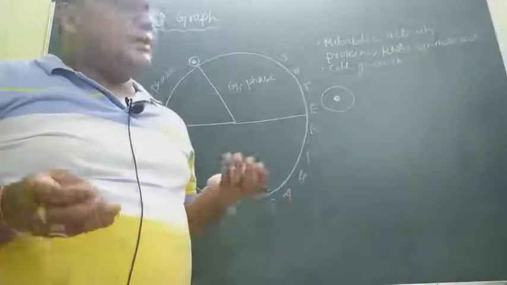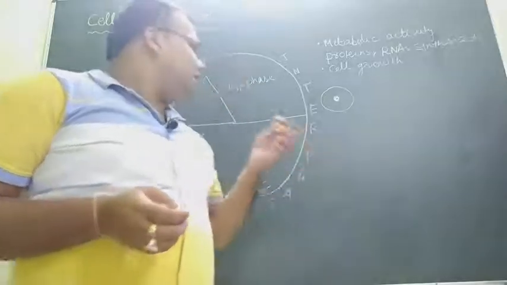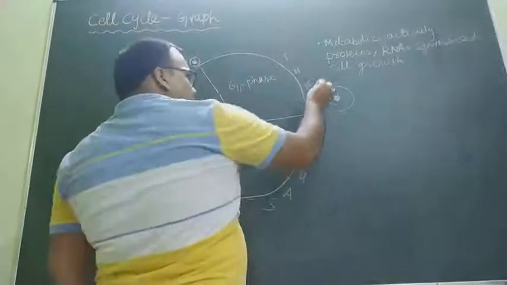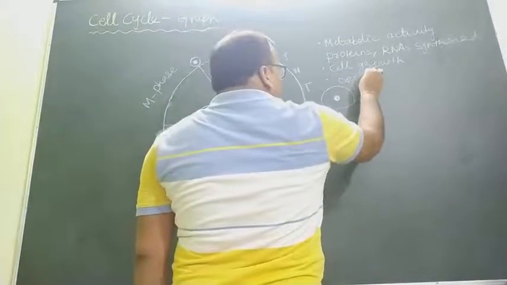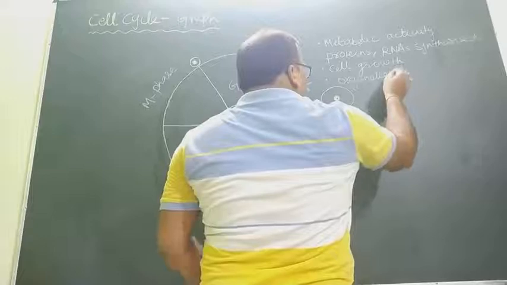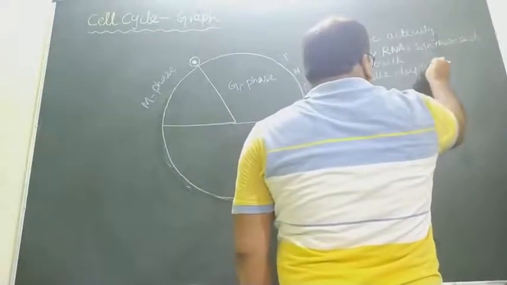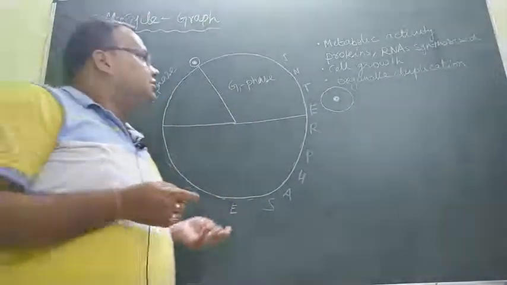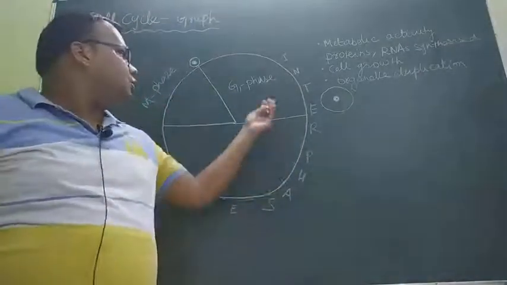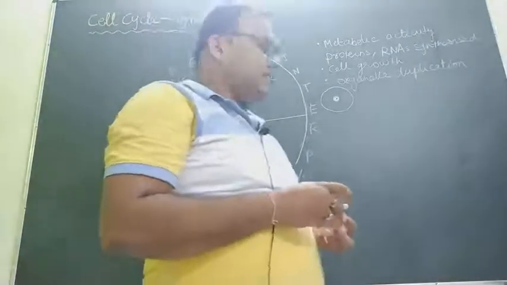So majority of cell organelles are duplicated also during this G1 phase or gap phase. So organelle duplication. So these are important characteristic features or changes which take place during the course of G1 phase or gap 1 phase of the cell cycle.